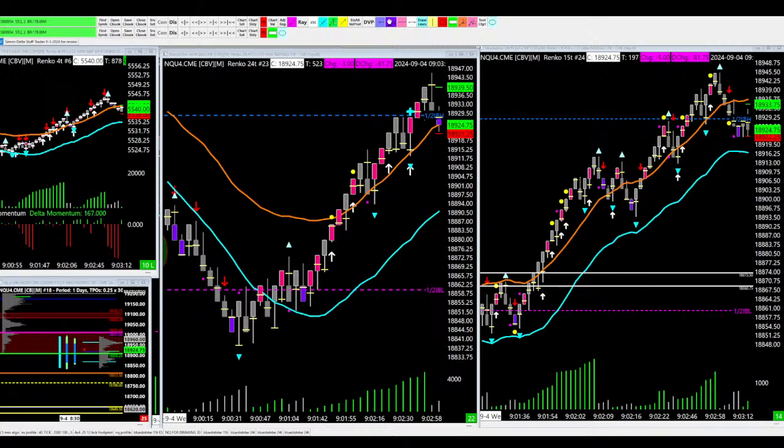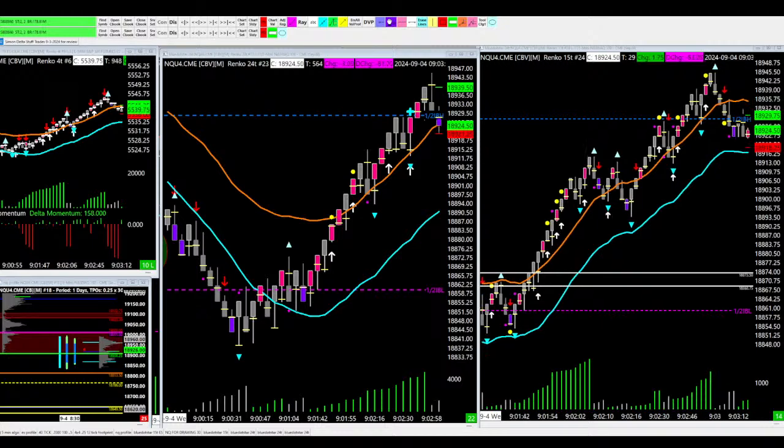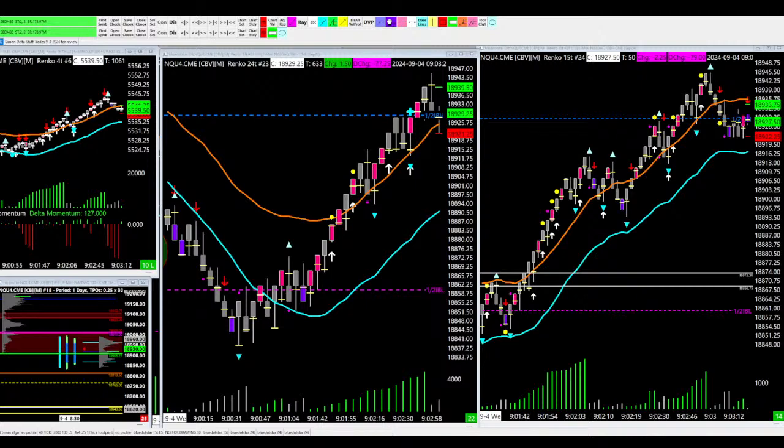Very illiquid now. They were all waiting for it. Now if you look at the size of the jumps, very illiquid.